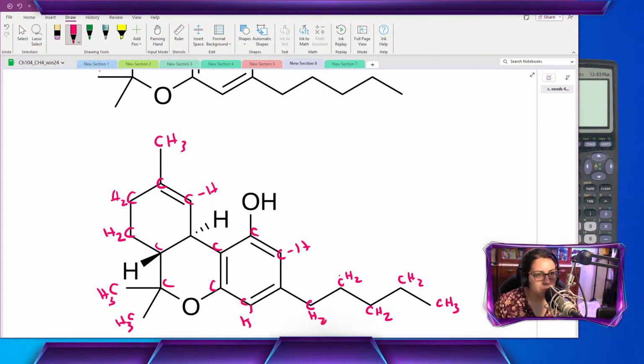Let me try this again. 1, 2, 3, up to 19, 20, 21. Okay, I feel better about that one. You might want to mark them off as you count them. As you can see, it's pretty easy to lose track in these organic structures. So count and double count.